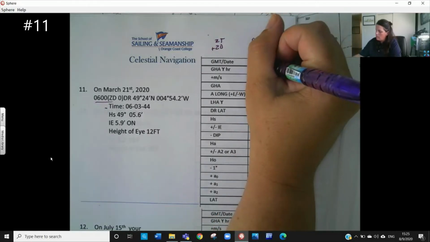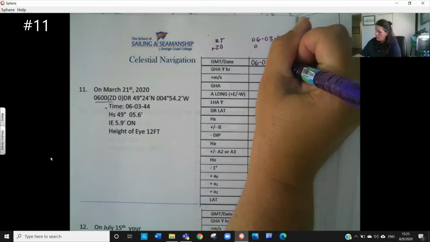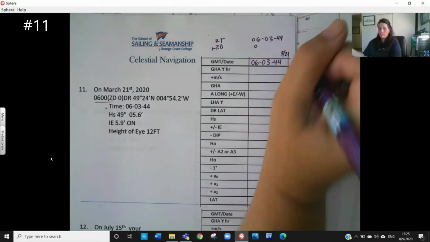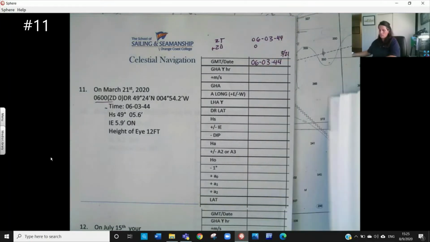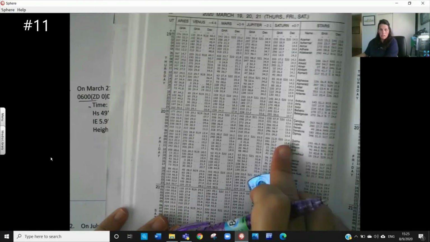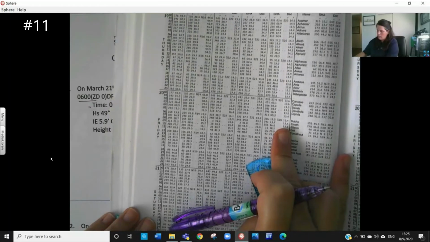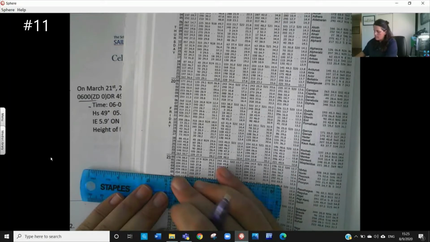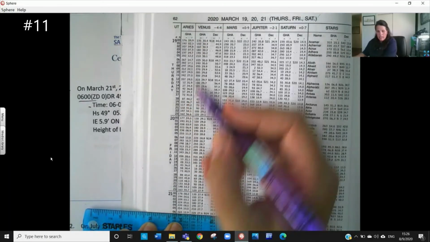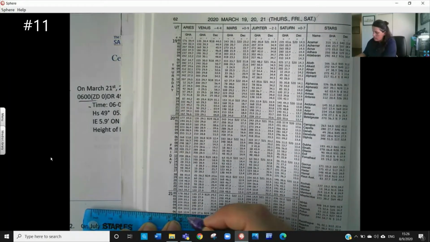So our GMT date and time is 06:03:44 on the 21st. So now we could go into the almanac on March 21st and find our 06. So we're looking for GHA of Aries at 06 on the 21st. We get 269, 12.9.